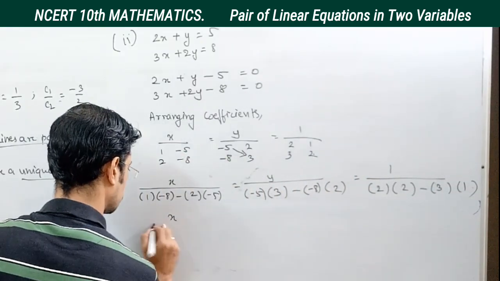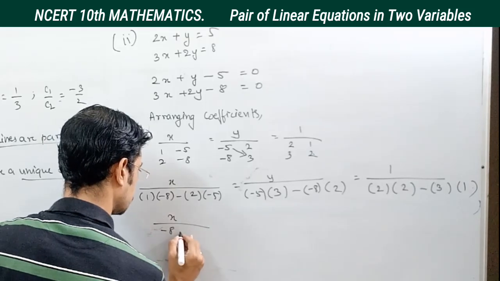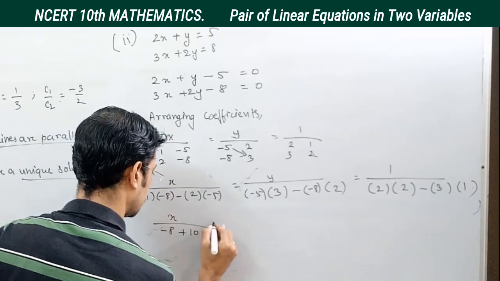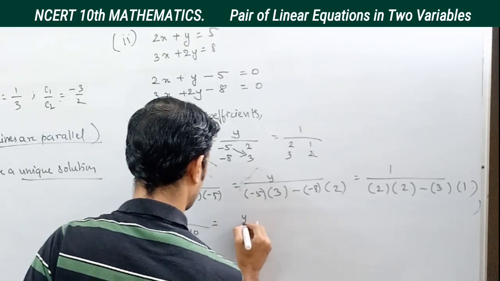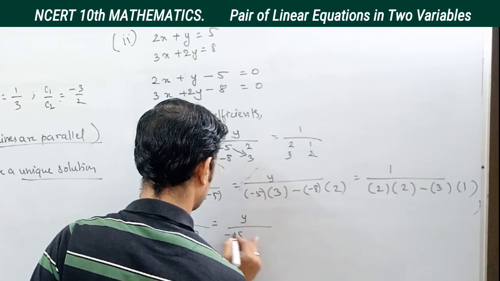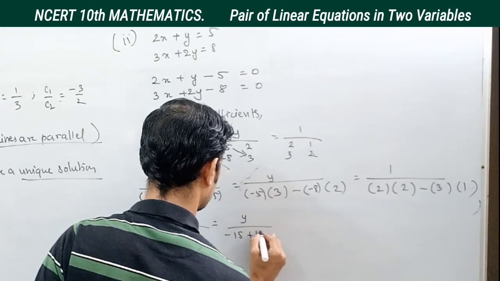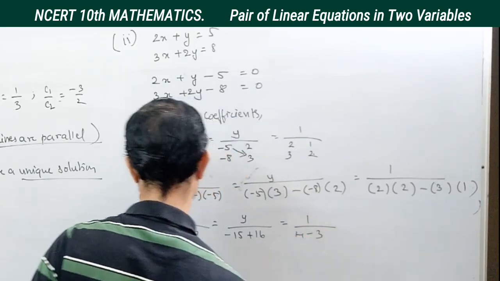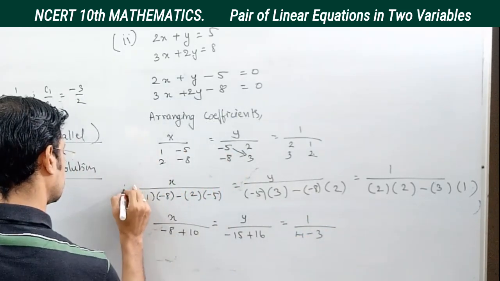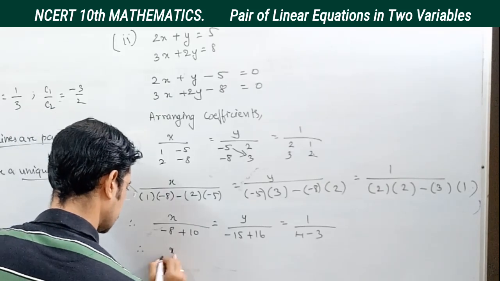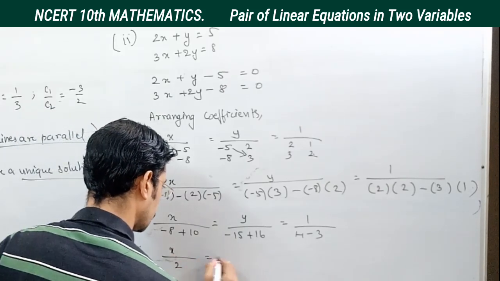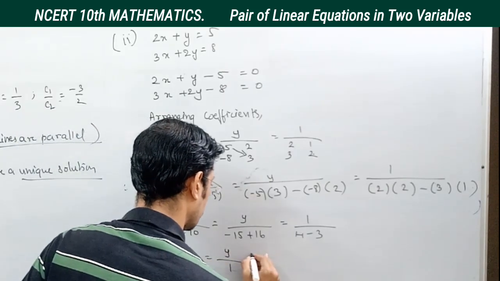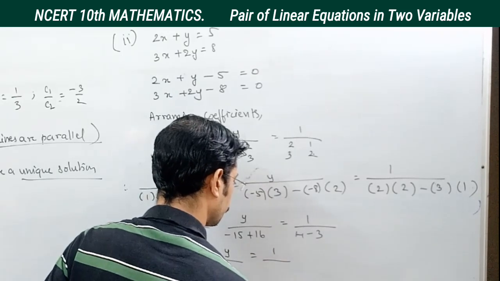So we have x by minus 8 plus 10, y by minus 15 plus 8 into 2, which is 16, and 1 by 4 minus 3. Again you can simplify this as x by 2 equal to y by 1, and that is equal to 1 by 4 minus 3.